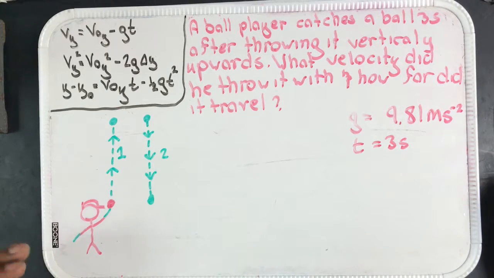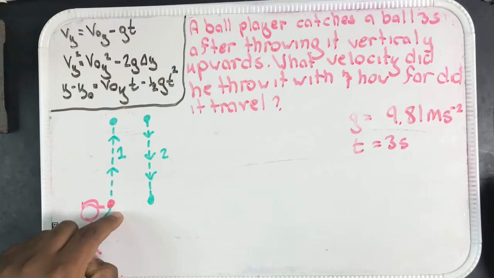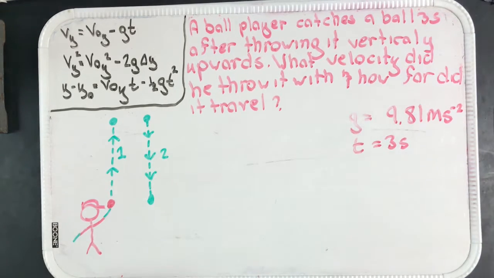Now, we know that it takes the ball 3 seconds to leave this point and come back to this point. In the time that the ball leaves the ball player's hand and he catches it again, we can assume that nothing happens to the ball, and we're neglecting air resistance. So we can assume that the ball goes vertically upwards, and comes down vertically.